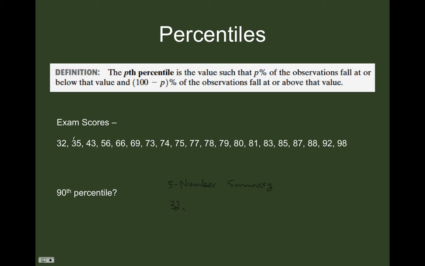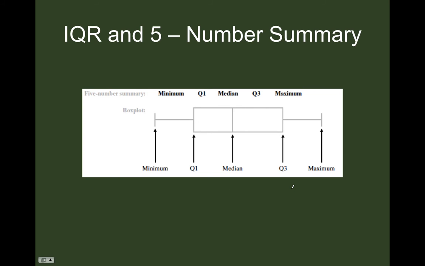Then I would find Q1, 1, 2, 3, 4, 5, and that was 67.5. Then the median was 77.5. The third quartile was 84.5. And then the maximum was 98. So that would be the 5-number summary for this previous example.